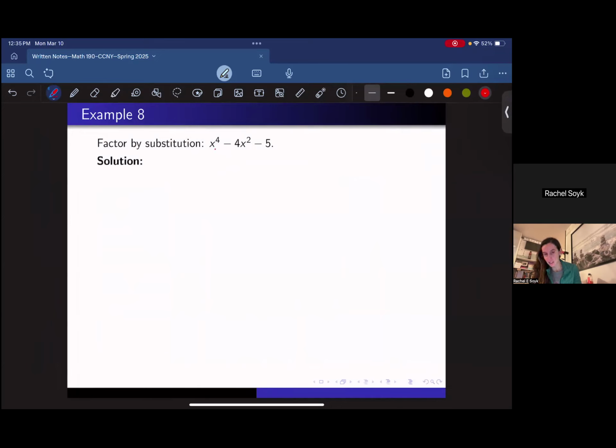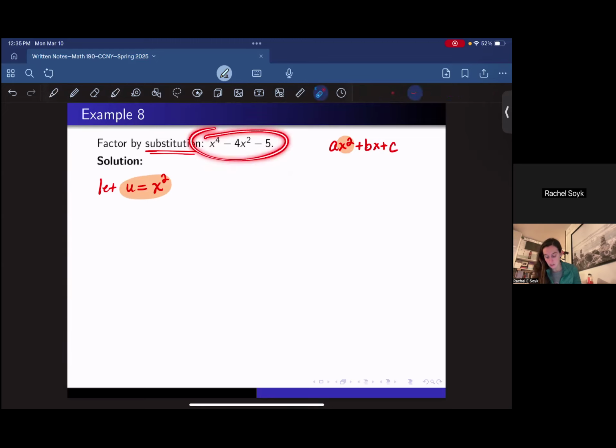And so this x to the fourth, well, what can we use as our substitution? We want to let u be equal to x squared, right? Because we want it to get into this general form of ax squared plus bx plus c, which means if our u is x squared, let's manipulate this so that that first term is x squared.